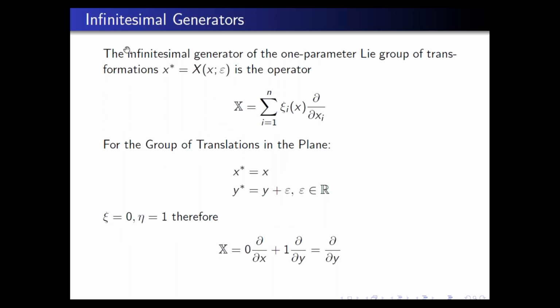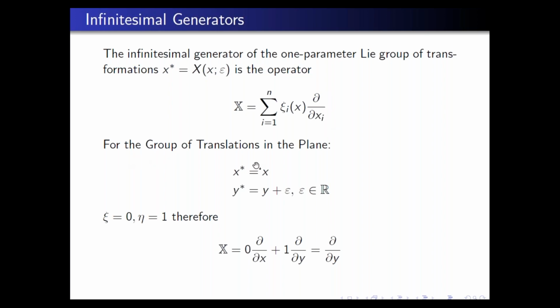Now let us see one more terminology, the infinitesimal generator. The infinitesimal generator of the one parameter Lie group of transformation x star equal to X(x, epsilon), depending on point x and epsilon, is the operator bold X. You can use any other symbol also for the transformation. I will use this symbol, which is the summation over i equal to 1 to n of xi_i(x) into del by del x_i.